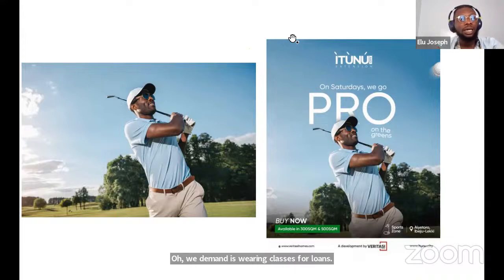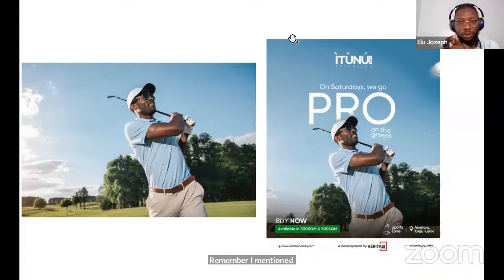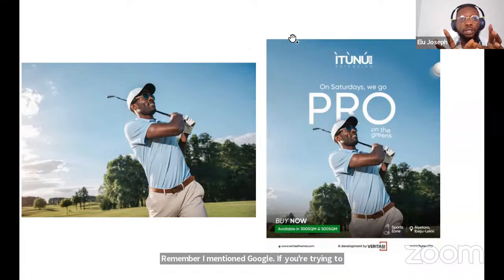Images are very important to be in good quality. Now, always, at all times, look for quality images. Remember I mentioned Google. If you're trying to get images on Google, there's a part where you see tools.